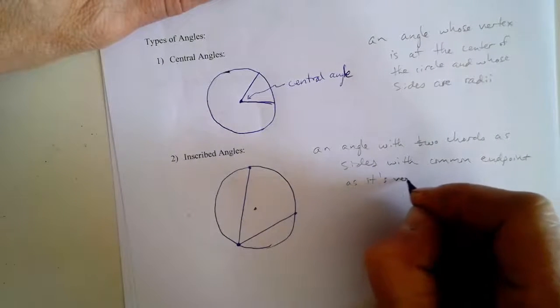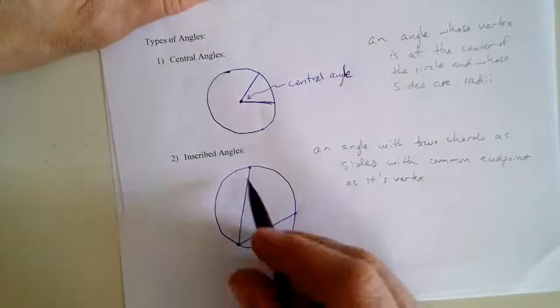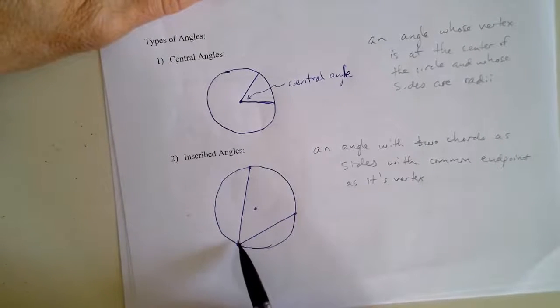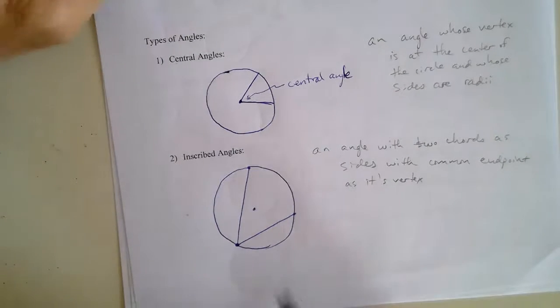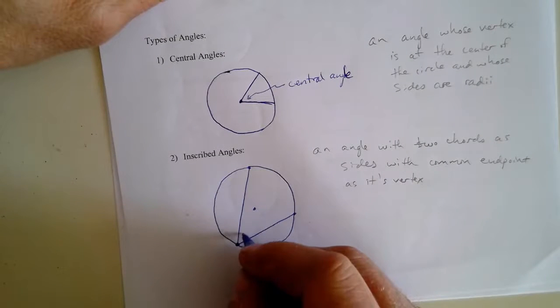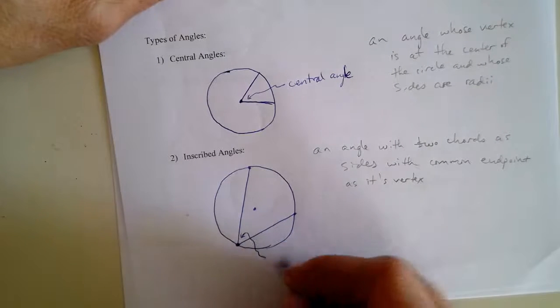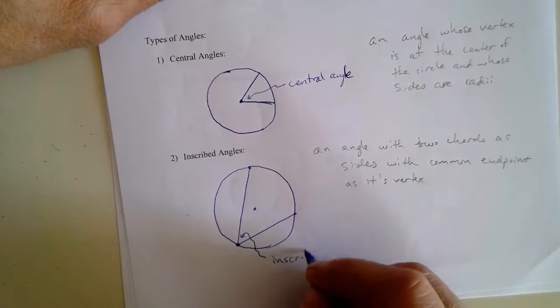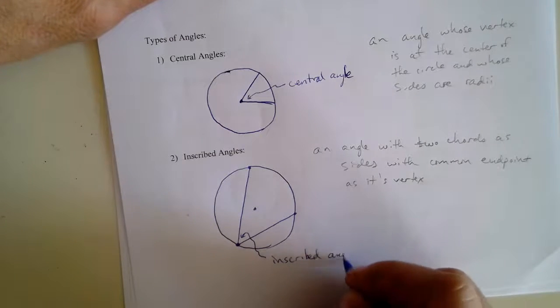So if you look at the two sides as chords with a common endpoint, then it's an inscribed angle. So this right here is the inscribed angle.